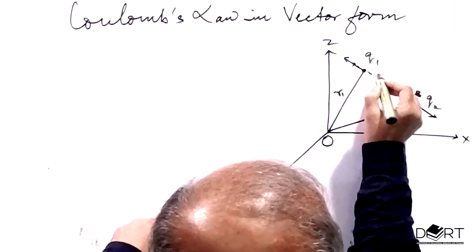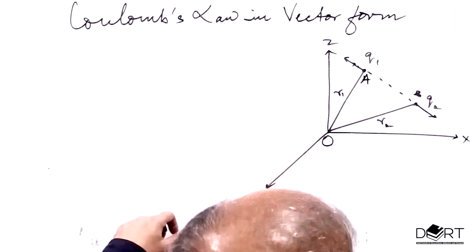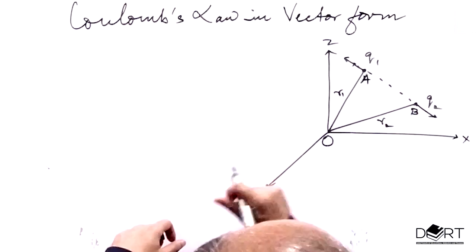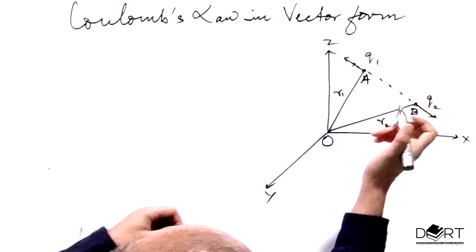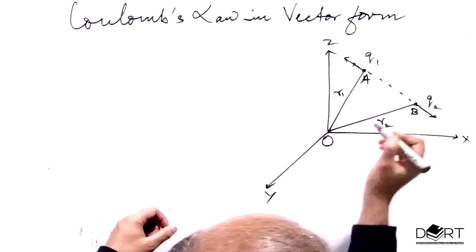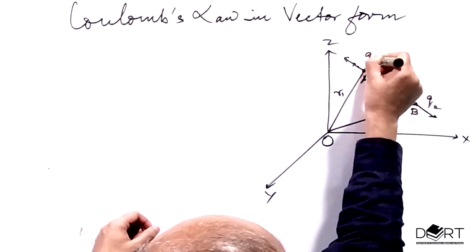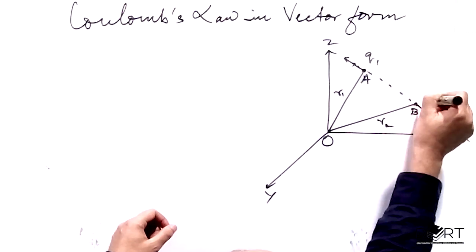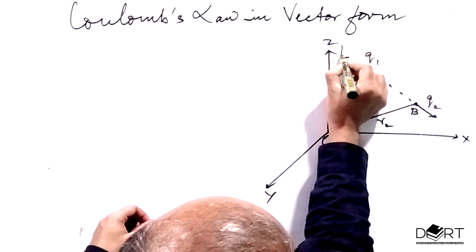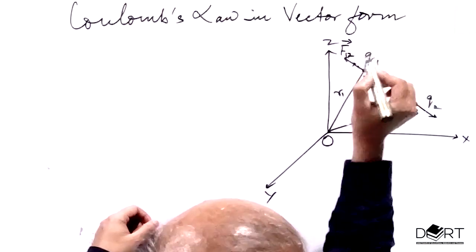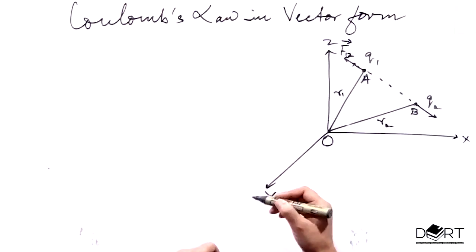Let me put point A here, where you can clearly see that, and this is point B. This is R1 and this is R2. The force acting on charge Q1 because of charge Q2, we call this force F12 with a vector sign, because we are doing the vector form.